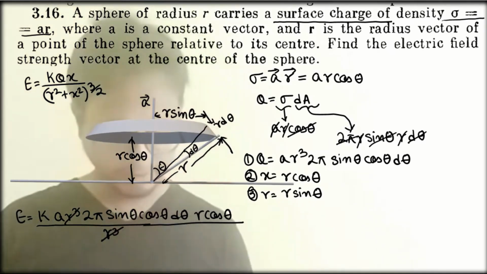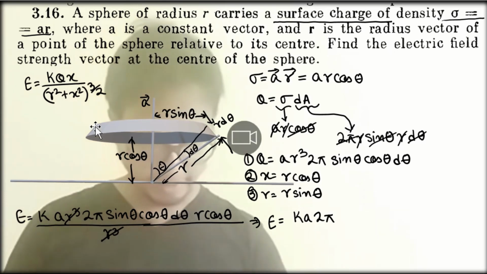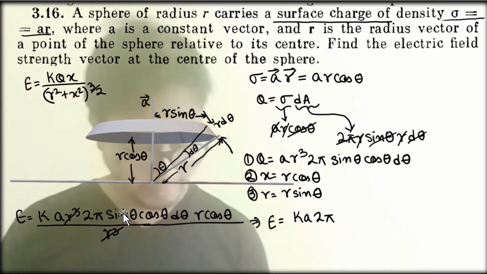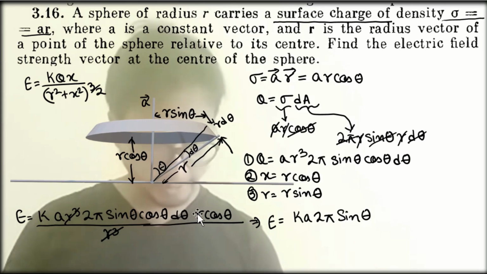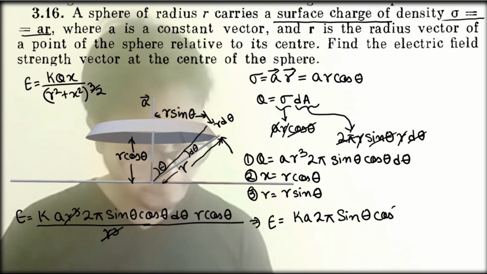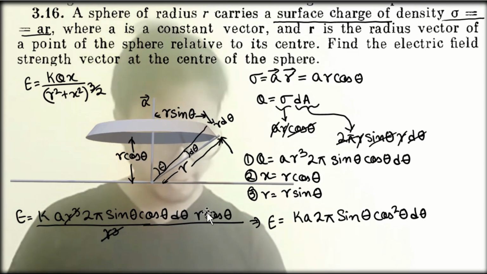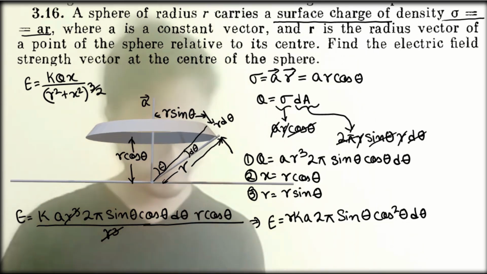So we are left with the electric field due to this ring, which is k A 2 pi sine theta, sine theta, and this cos theta and this cos theta would become cos square theta d theta. And out here there is one more R, no? So let me write this one more R out here. Understood?